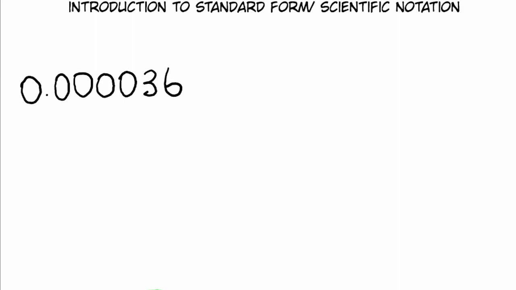We can clearly see that our decimal point is located here. So for us to get a number between 1 and 10, we're going to have to move our decimal point to the right. Let's go ahead. And if our decimal point falls here between the 3 and the 6, our a value would be 3.6.